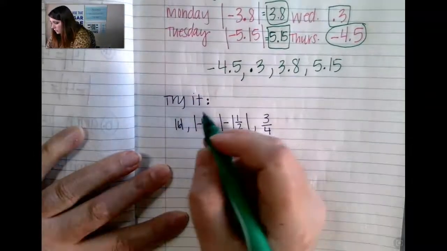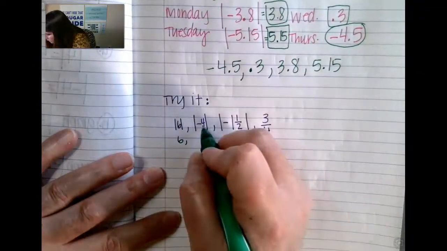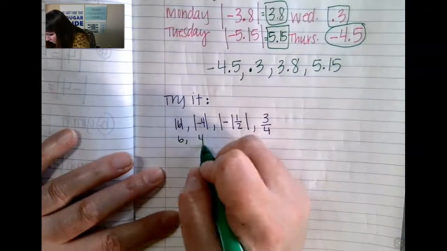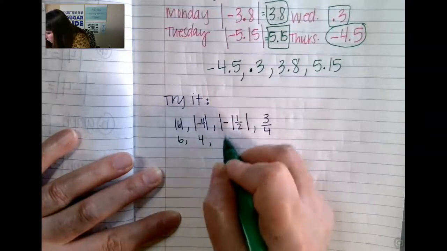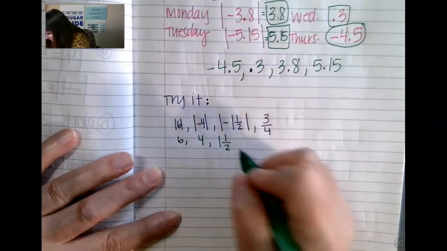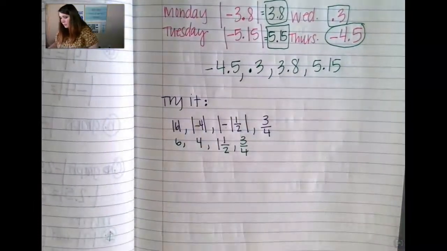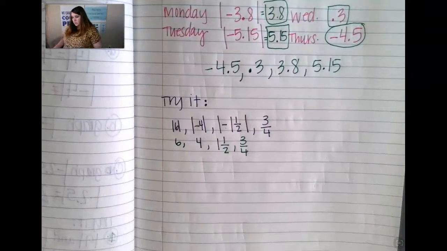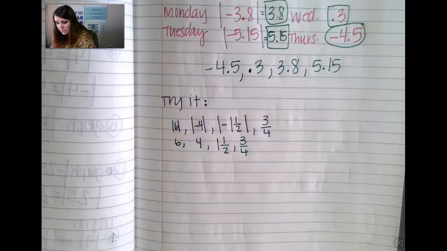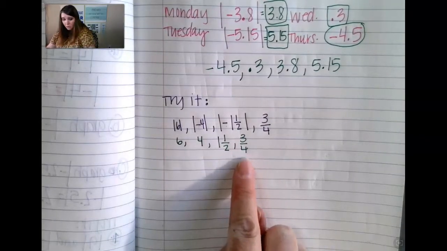All right, so first thing is absolute value of 6 would be 6. Absolute value of -4 is just a 4. Absolute value of -1 1/2 is 1 1/2, and then 3/4. All right, let's put them in order. So least to greatest. My very smallest number that I have is 3/4 because it's not even a whole.